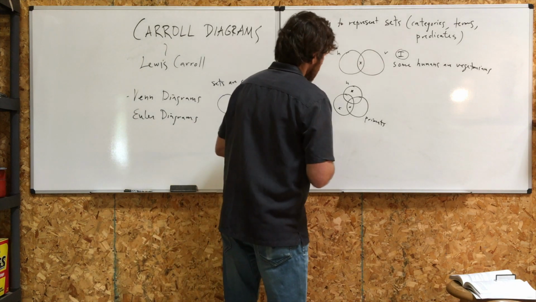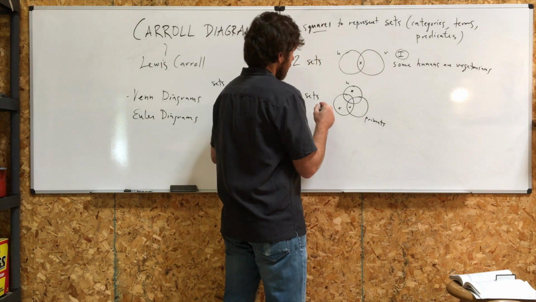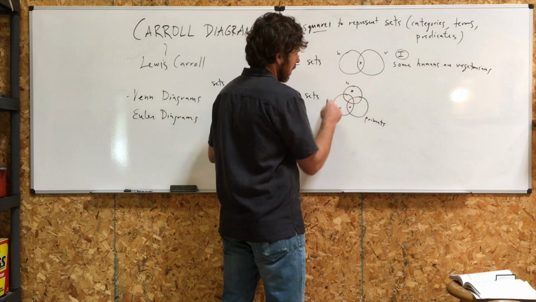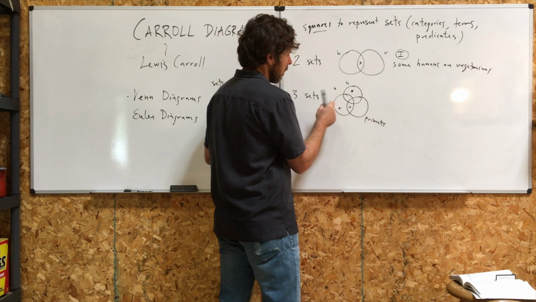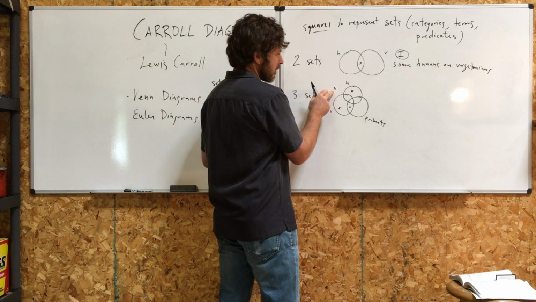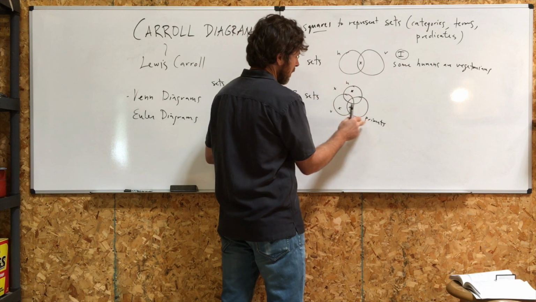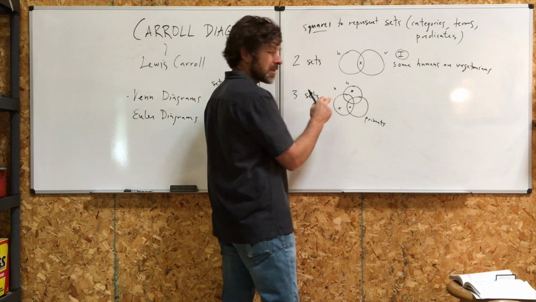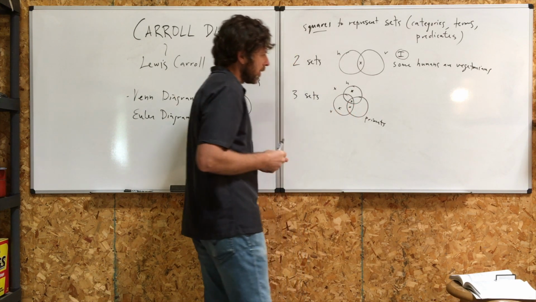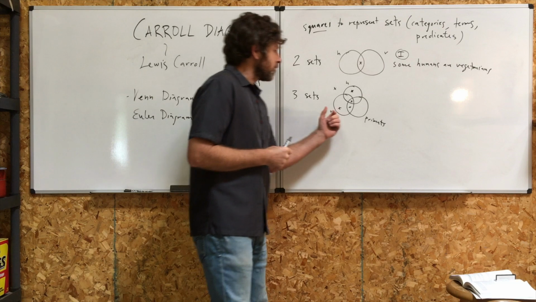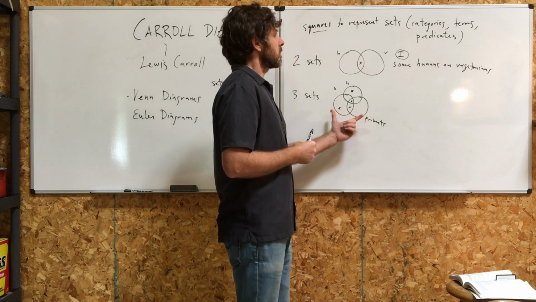Okay? Also, the way Venn diagrams are set up, you can also imagine a member outside this set. So you can imagine someone or something that's neither human, primate, nor vegetarian. It could exist out here. If something existed in the middle, it would have all three predicates, right?